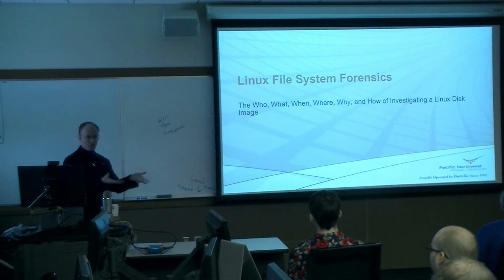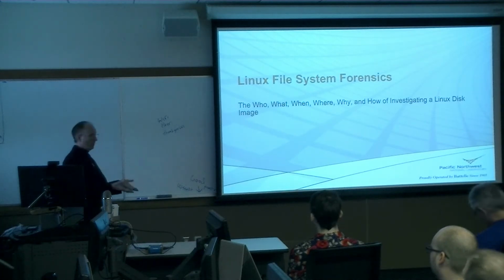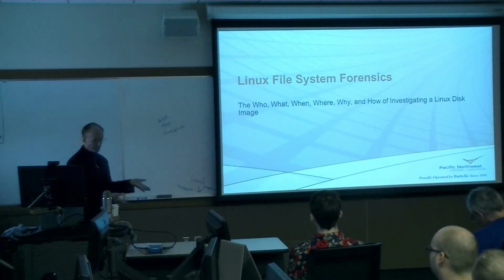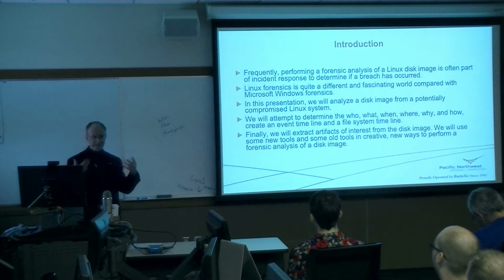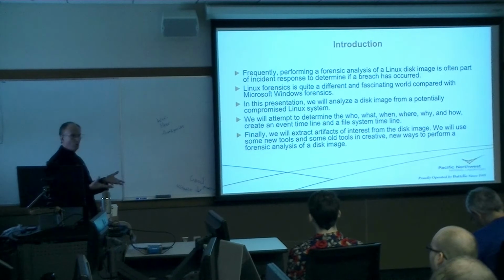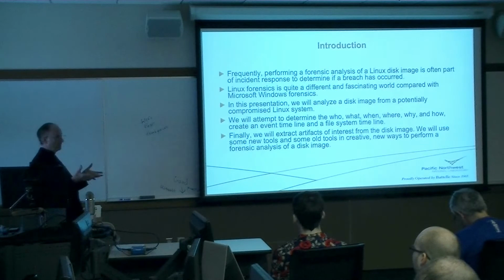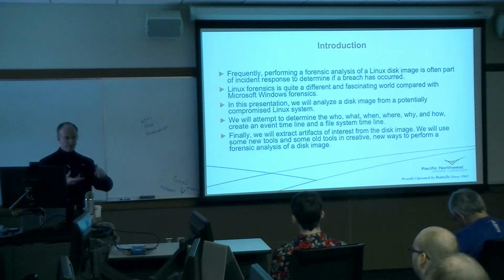You're trying to capture volatile information about what's going on the system to make some sort of problem determination. Or you're doing dead analysis, where you've got a disk image or a series of disk images, and you're asking those questions again of who, what, when, where, why, and how to make some sort of determination about what the history is.